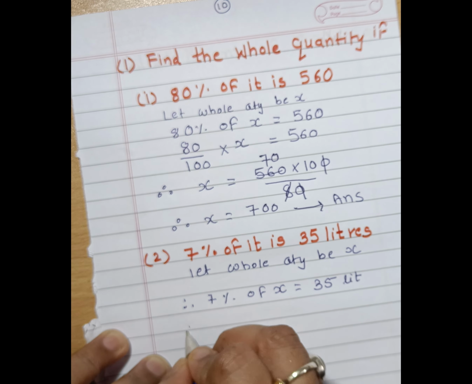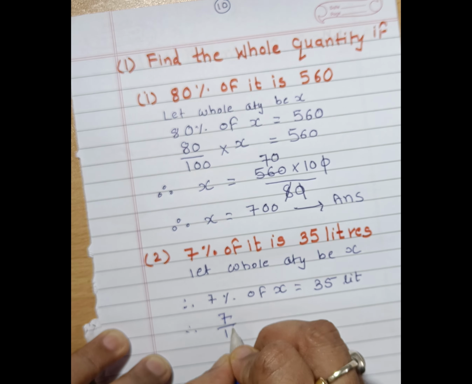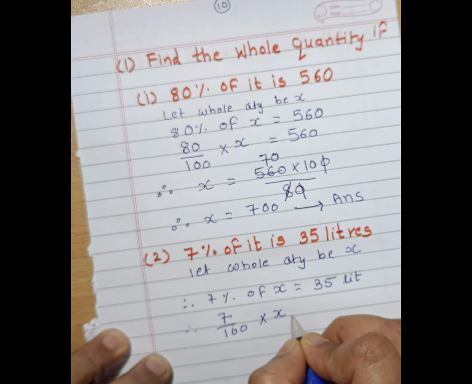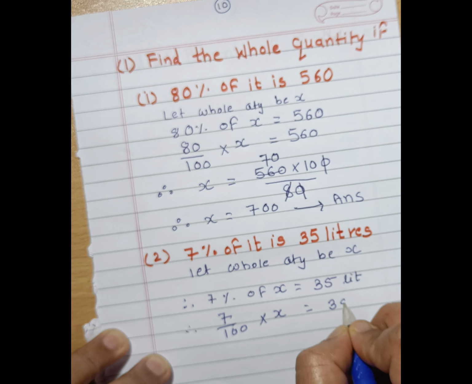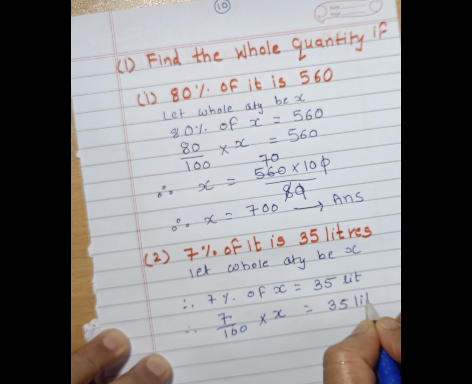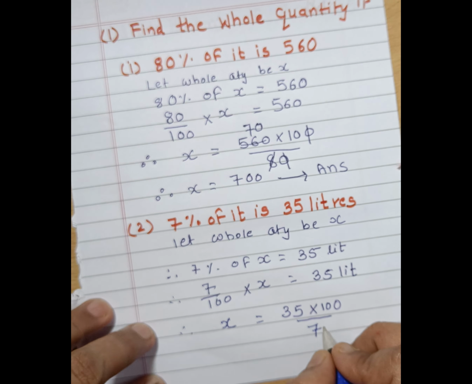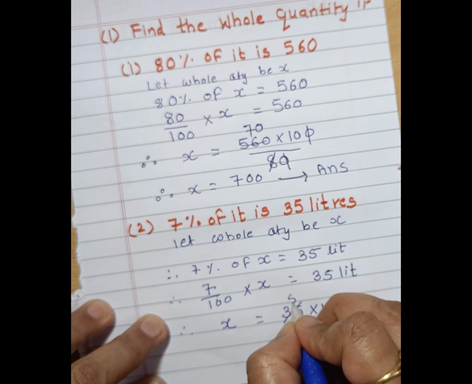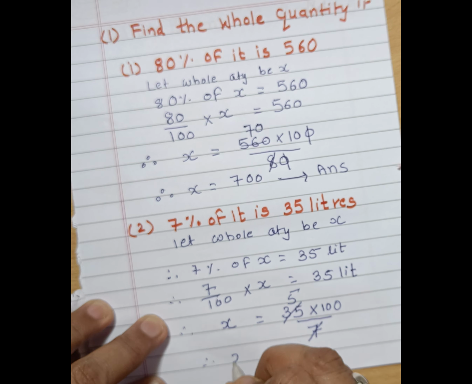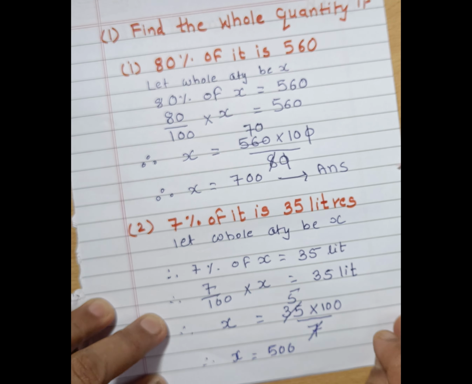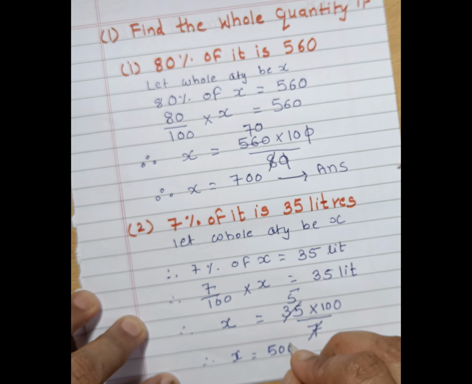Therefore, 7 by 100 multiplied by x is equal to 35 liters. Therefore, x is equal to 35 multiplied by 100 divided by 7. 7 fives are 35. Therefore, x is equal to 500. The whole quantity is 500, which is our answer.